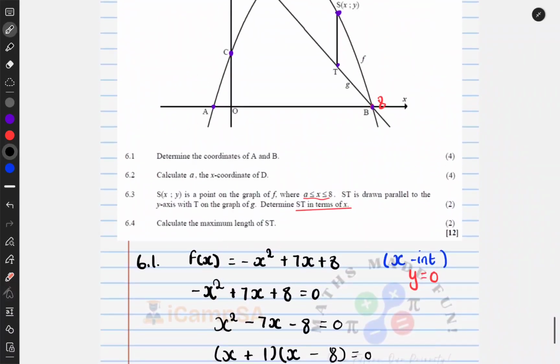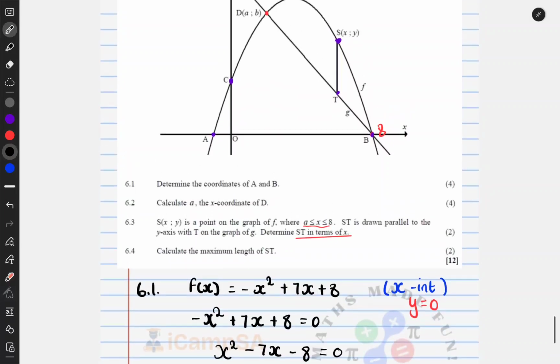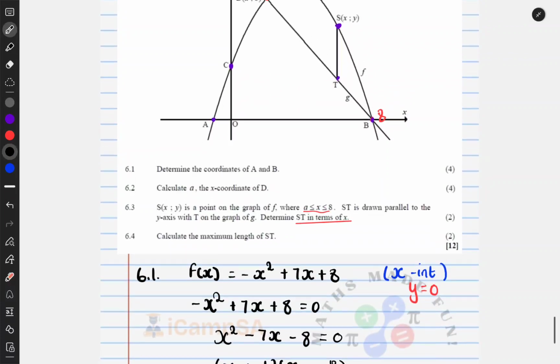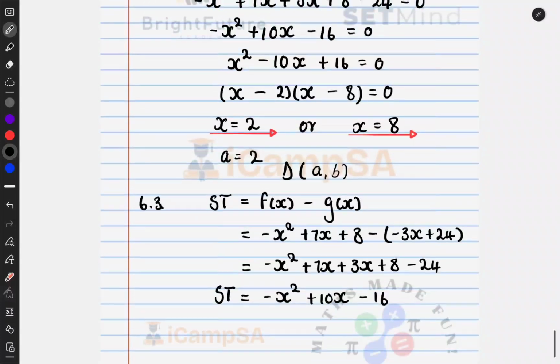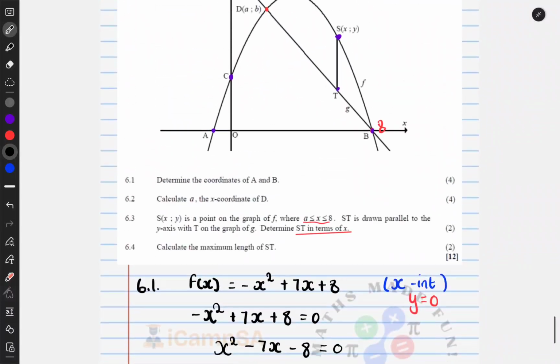This is the length ST in terms of x. This is the length ST, and then next we have to calculate the maximum length of ST.